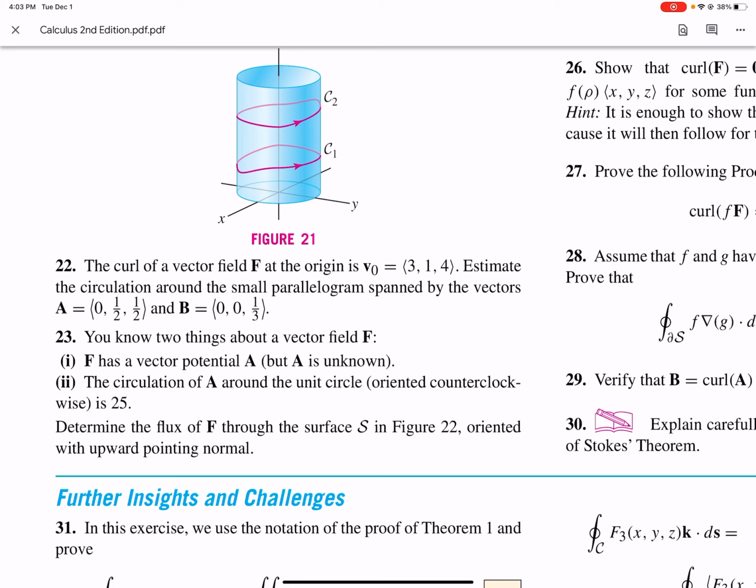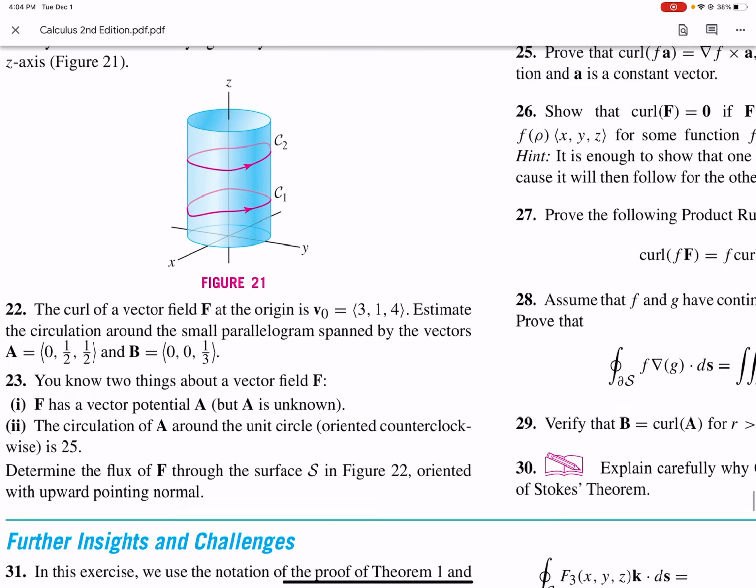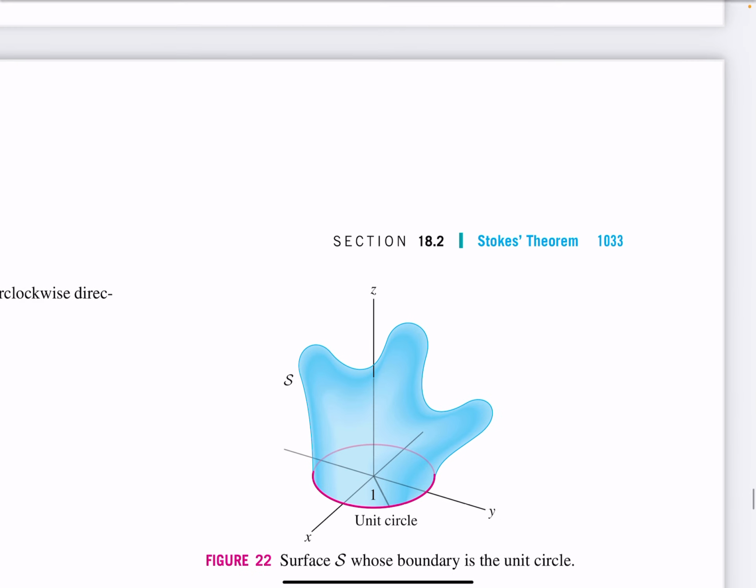It has a vector potential, you gave me an A, but I don't get to know it, but I know the curl of A is equal to F. Right there, it is surface independent, so I don't care what the surface is, just tell me what the boundary is. Oh, part 2, they gave me what the circulation of the boundary is. Oh, well, then that's the answer for the whole thing. I don't care what the surface looks like. If it was a 3-fingered glove or a 5-fingered glove or any amount fingered glove, it wouldn't matter.